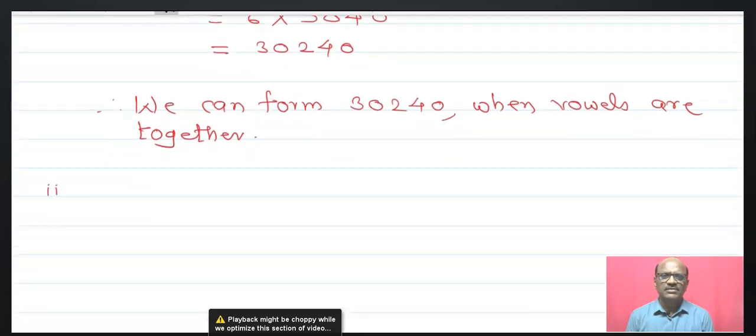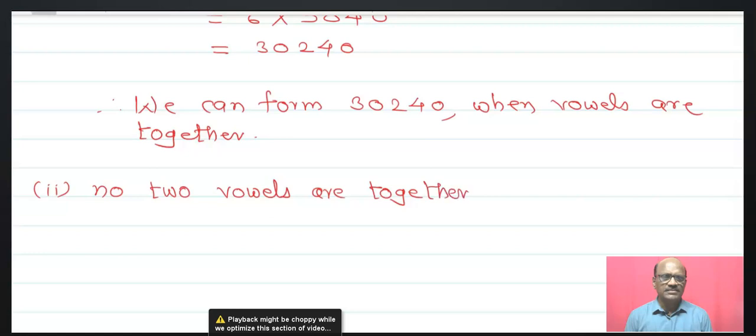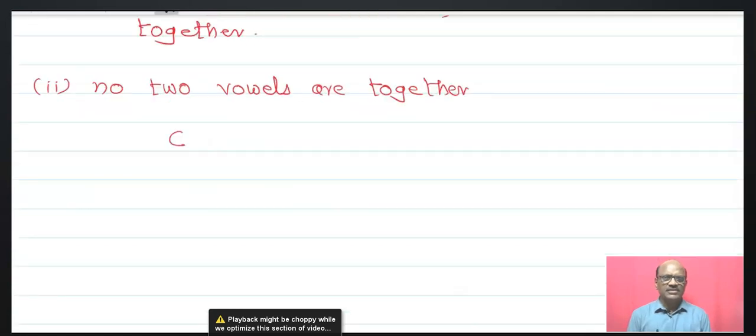Now next, second, no two vowels are together. Now also this is a very nice example. Now see, these are the consonants and in total they are 6. Now vowels are occupying these positions. Now count it.